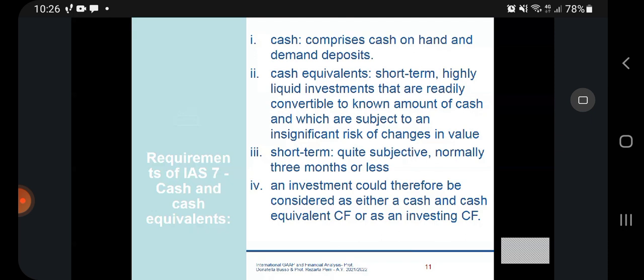Some deposit that has very liquid features is part of cash equivalents, but another deposit for which I have to give notice to the bank before I retrieve the money is not a cash equivalent, but still it is an investing activity. It represents an investment for the company. So everything that is not part of cash equivalents because it is not readily available, because it cannot be readily converted to cash without losing any part of the money or any risk, is still part of the investing activities of the company.